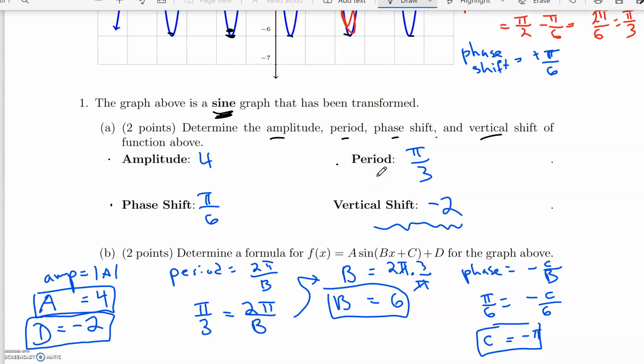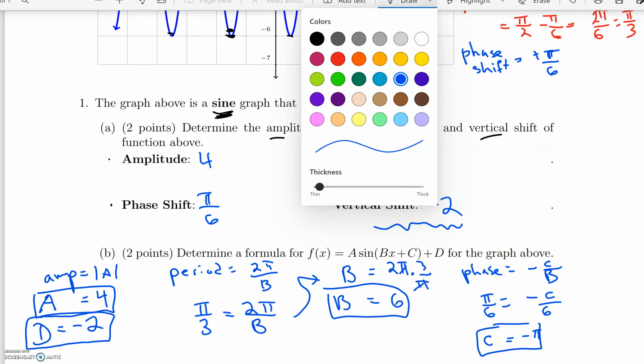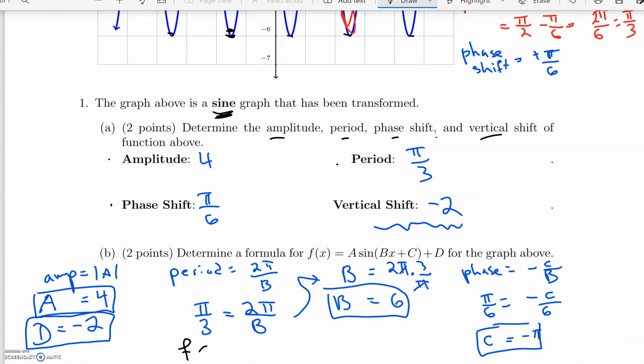Okay, so putting it all together, our formula would be, let me squeeze it in down here. Let me get a different color to write with. Our formula would be f of x equals 4 sine of 6x minus pi, minus 2.